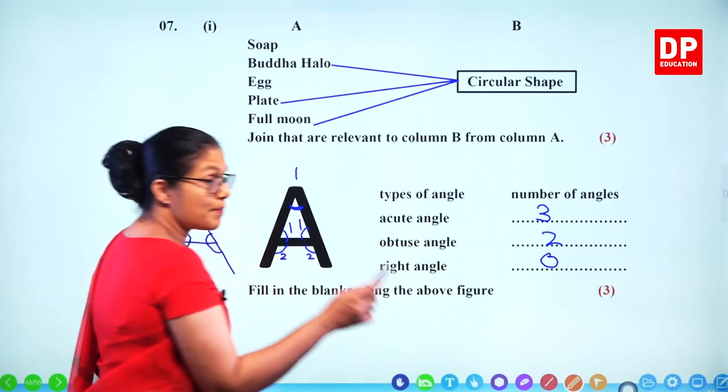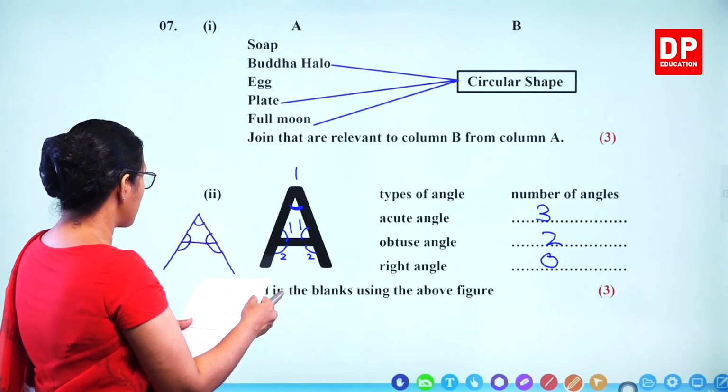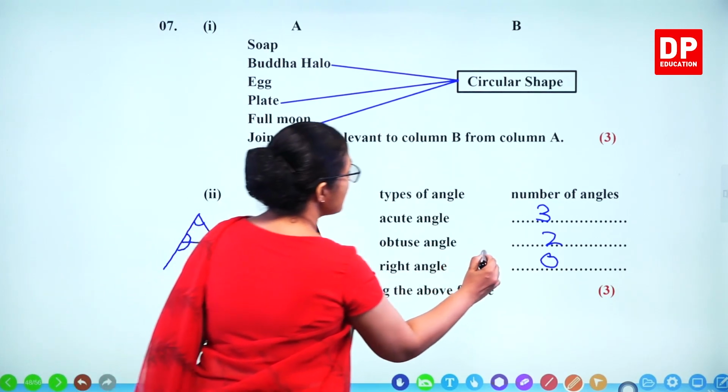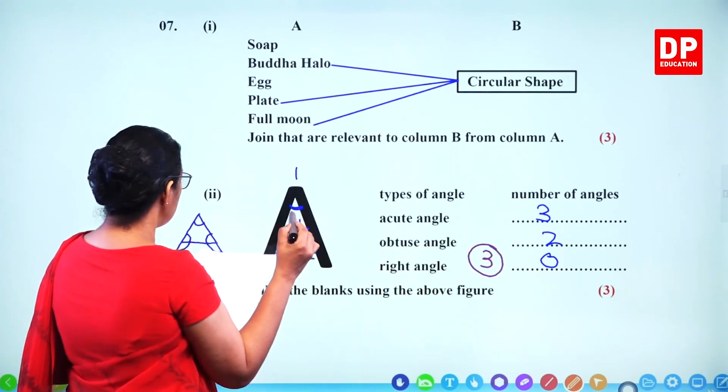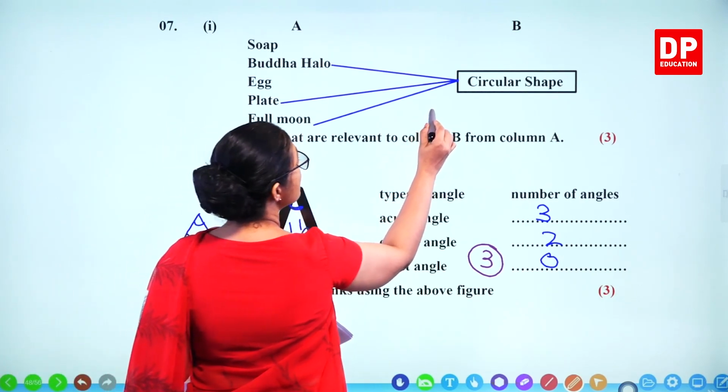No right angles, that means 90-degree angles. So how many marks here? 3, 2, 0. So you get 3 marks there. And yeah, 3 marks for this as well.